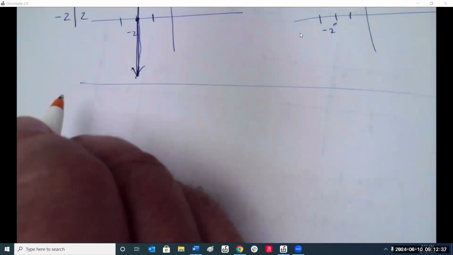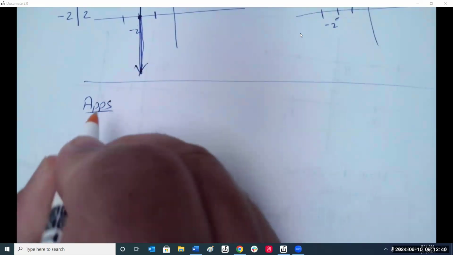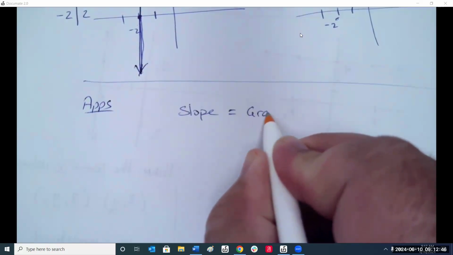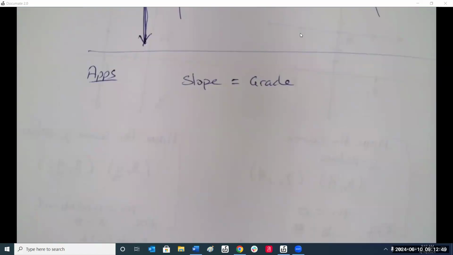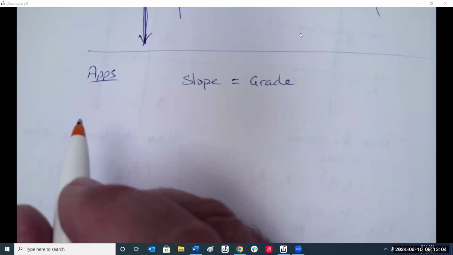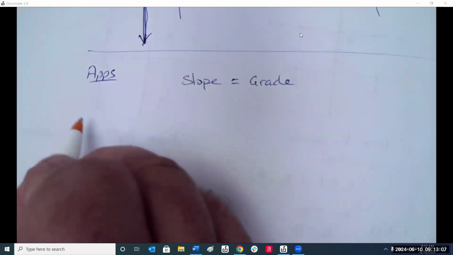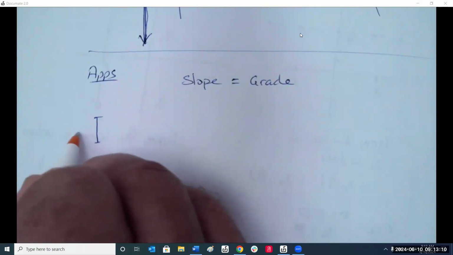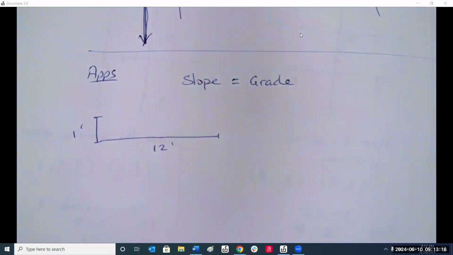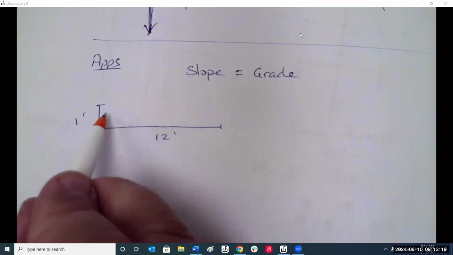Let's look at a couple of applications. In the real world, slope is also referred to as the grade or the gradient. We talked about last time the slope of a handicap ramp, which is for every 1 foot up, it's got to be 12 feet out for a handicap ramp.